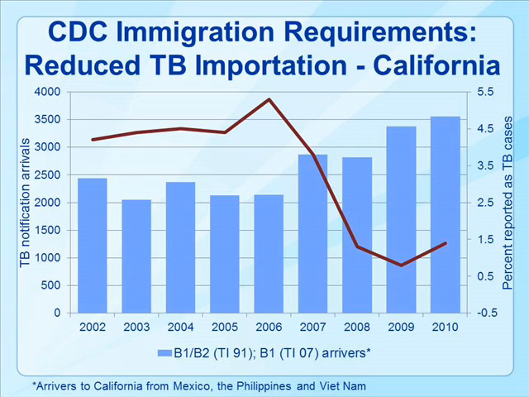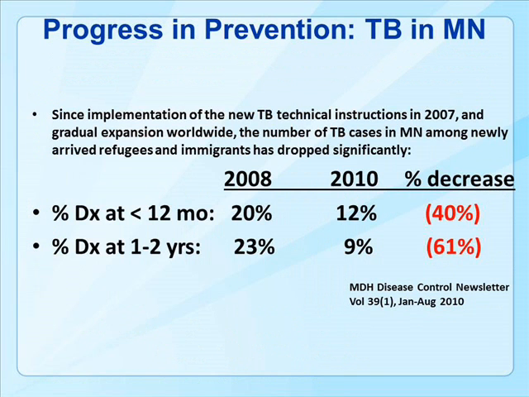Being able to not just find these people, diagnose them, and treat them, but see the gain in TB control stateside. In Minnesota, they did an analysis that looked at how their foreign-born epidemiology has shifted, and they find some decreasing rates of diagnosis among their immigrants and refugees. So we're very excited about that.